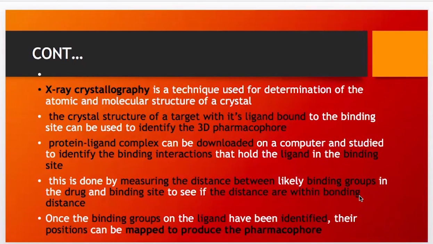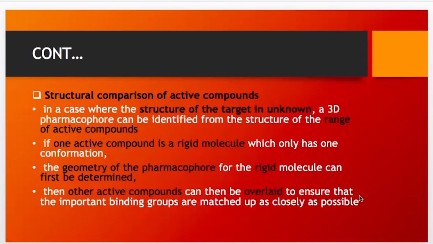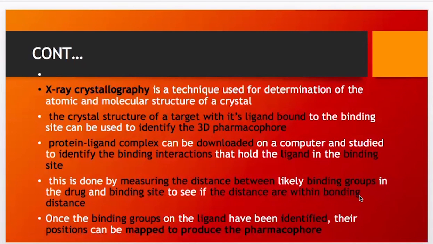You need to identify which of those groups are binding between your ligand and your target binding site. Once you identify those, the position of those binding groups should be mapped. You mark or map them so that it can help you to produce the pharmacophore. All right, so that's how you identify the pharmacophore.